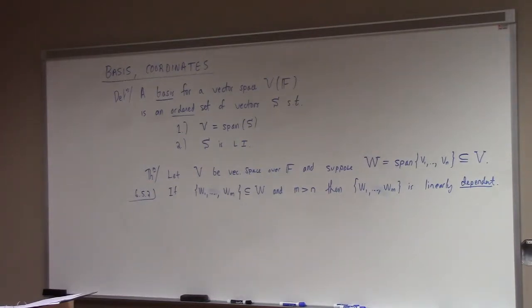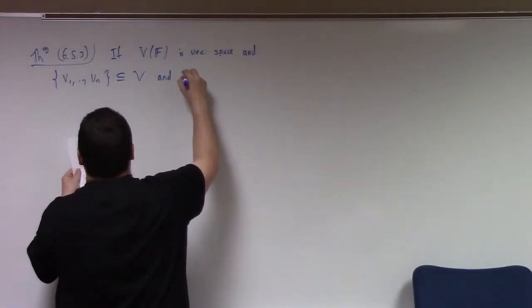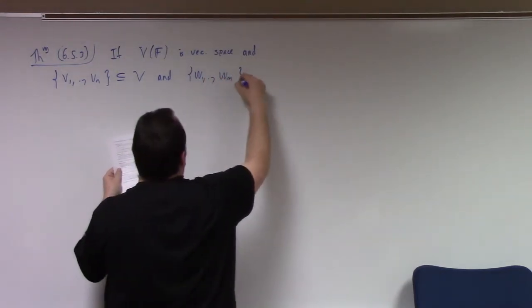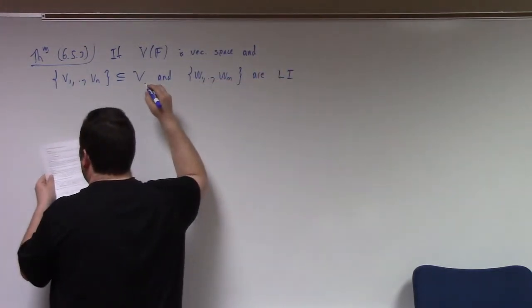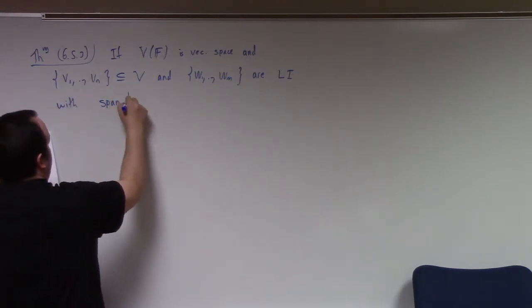If V is a vector space over a field F, and we have V1 through Vn a subset of V, and W1 through Wm are linearly independent, with the span of the V's matching the span of the W's.